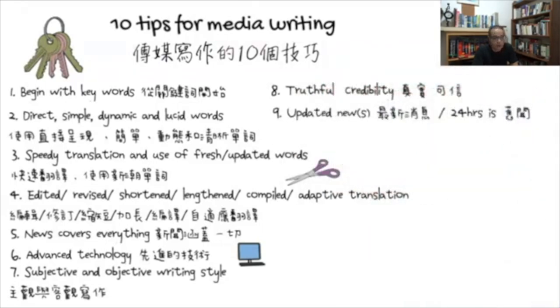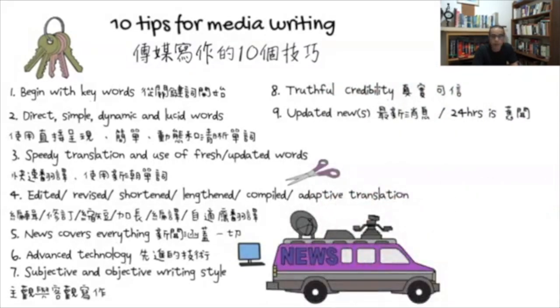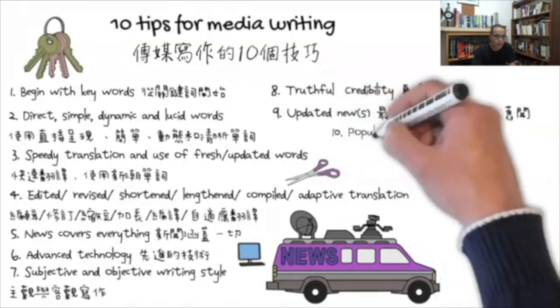Number 9: be updated. You need to update your news every hour at most. Especially, as I said earlier, in our time, in this fast-pacing time and world. Tip number 10: the main idea why you write a news report is to spread the news. You want everybody to know about the news you are writing. So try to select news that are popular for all ages, popular for all people.